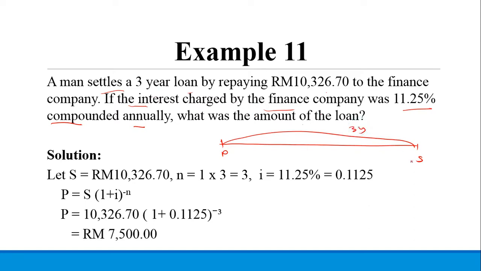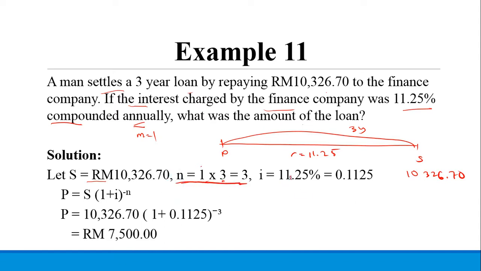And how much is it? 110,326.70. What is the R? Compounded annually is M equal to 1 time. For 3 years, you get 3 for the N.